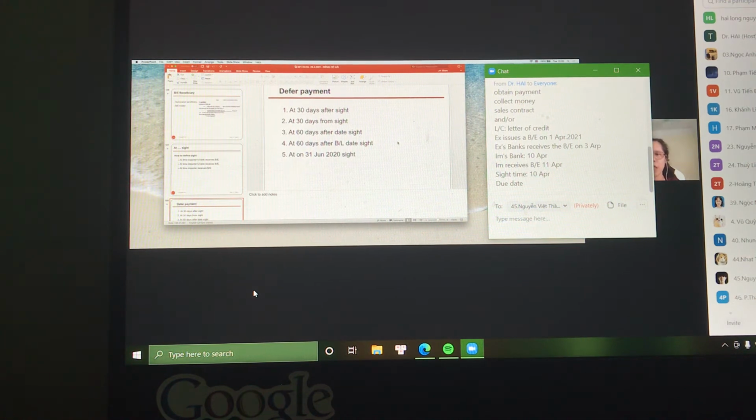The B/L issuing date is on 31st of March 2020, and the OBN is on 1st of April.